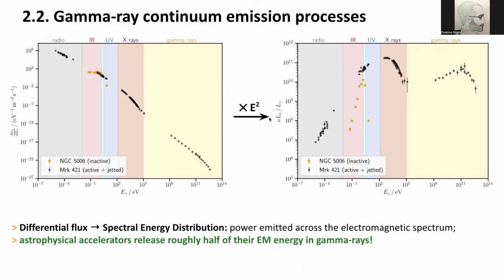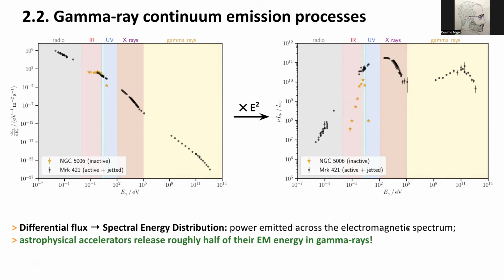What is really interesting when you switch to the spectral energy distribution is that what you are seeing is the power emitted across the electromagnetic spectrum. And as you can see, for sources that emit up to gamma rays, even if the flux is really low, given the energy that each photon carries, the power that they release in gamma rays is almost comparable to the power that they release in other wavelengths, right?